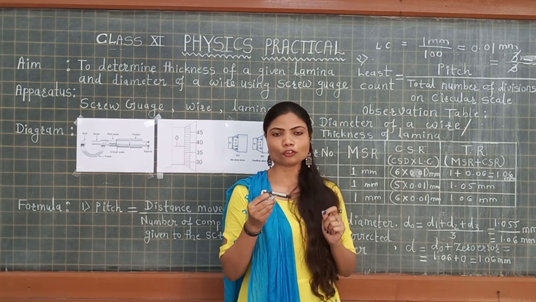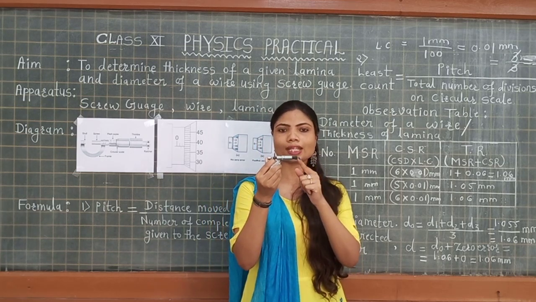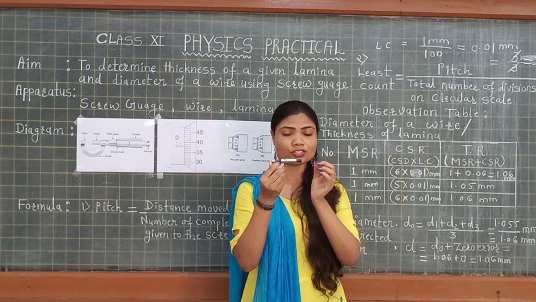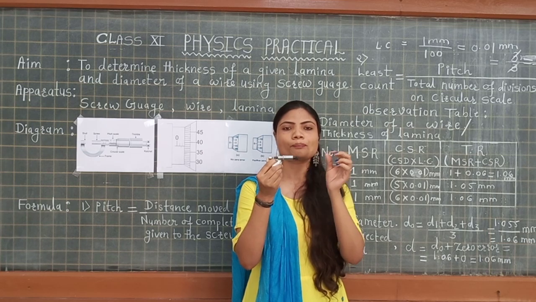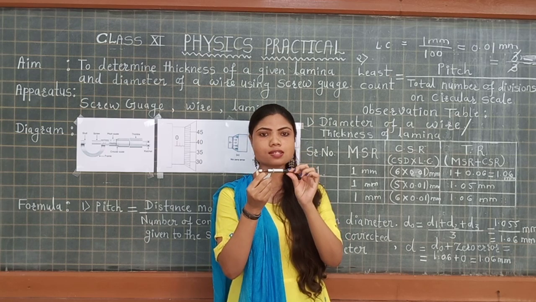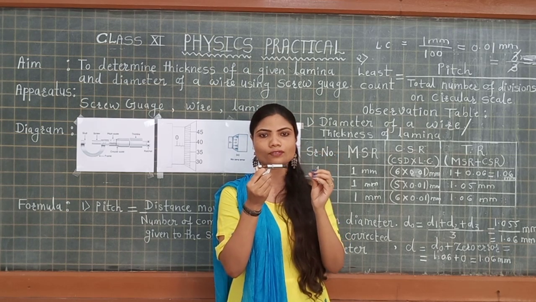Next, you have to pay attention to the rotation of this screw gauge. You have to rotate it only with the help of this ratchet. Okay, and this ratchet will provide us a particular rotation, because the pressure will be consistent with the help of this, right?